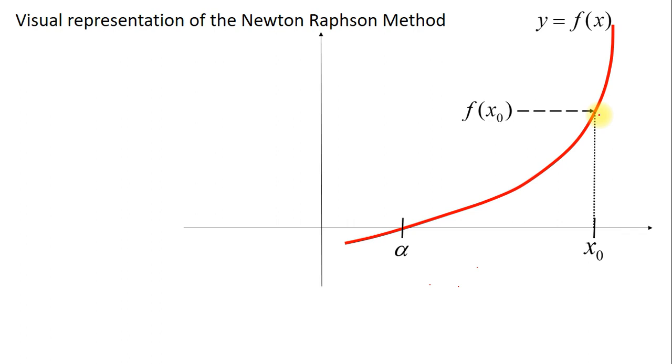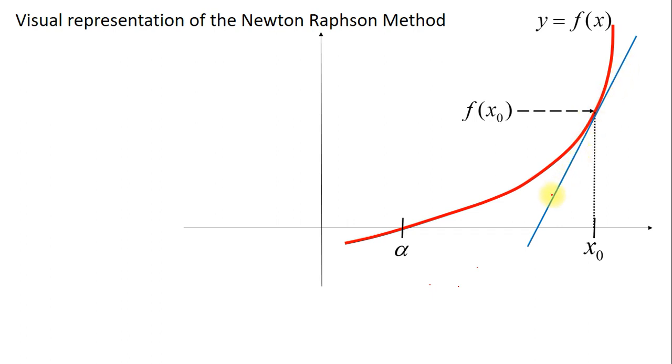So if I draw a tangent at this point, x naught, f naught here, I draw a tangent passing through this point.